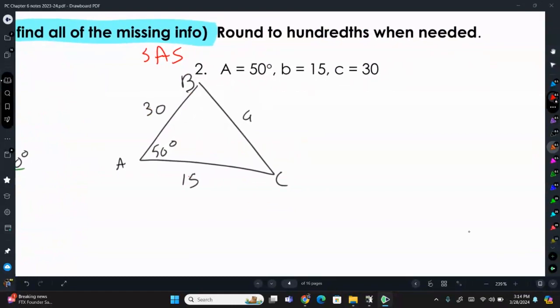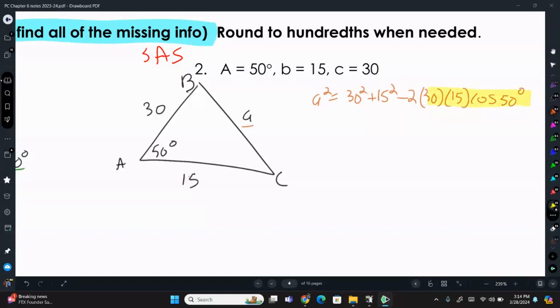So that means that A squared is equal to the other two sides, 30 squared plus 15 squared, minus 2 times 30 times 15 times the cosine of 50 degrees. Now we can throw this whole thing into the calculator as long as we are careful with our parentheses.